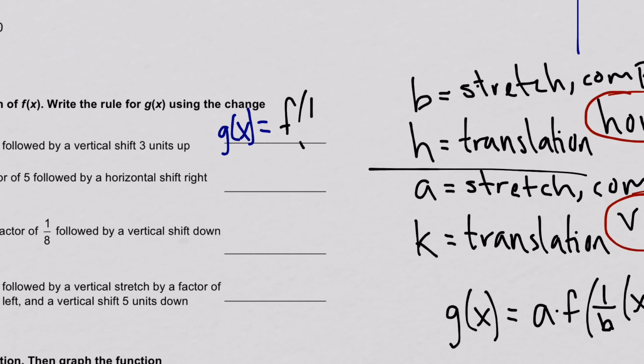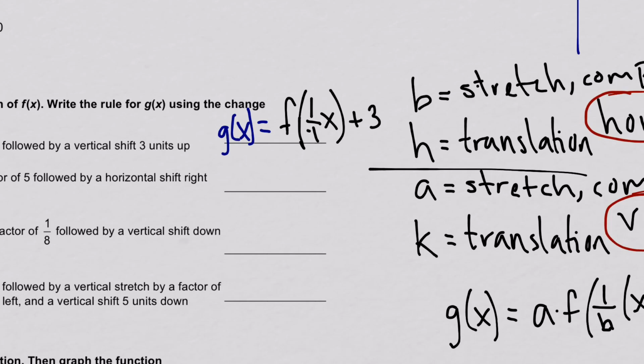Let me zoom in and fix this. There is no horizontal shift, which means there is no x minus h part, so all we have is x. But then we do have a shift of 3 units up, and k is always here at the end, plus 3.